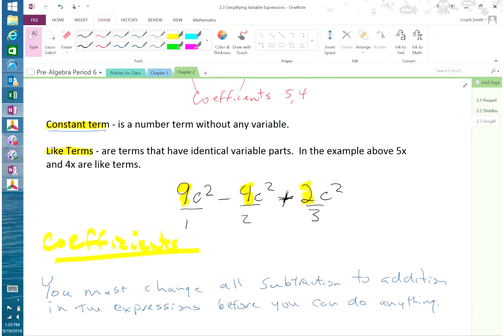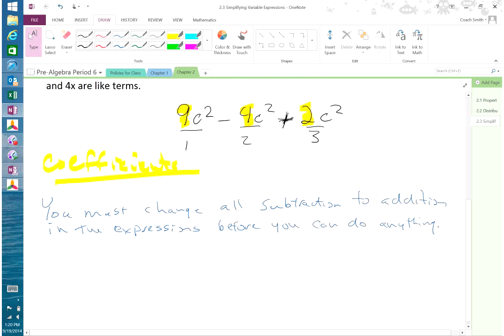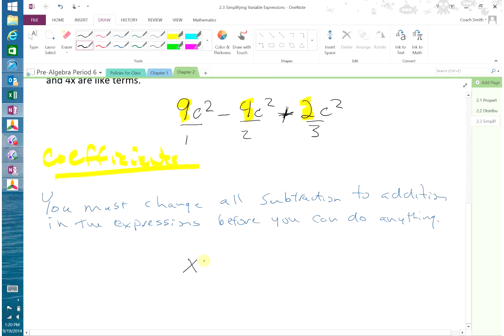Now, understand that if I have x plus 4, how many x's do I have there? 1. So please understand that in front of that x, we don't usually put it, but there is a 1. So the coefficient of this expression here is 1.